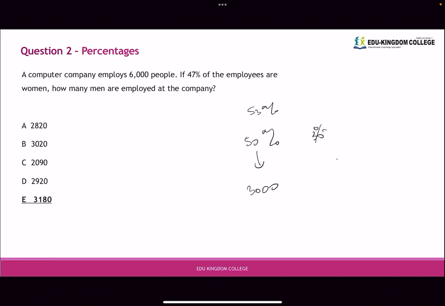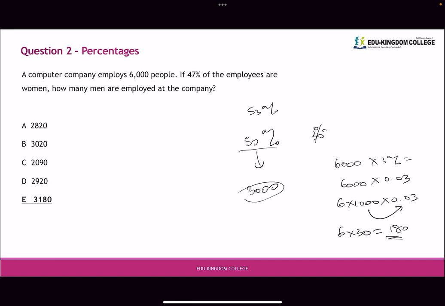Then 3% is 6,000 times 0.03. So 6,000 can be broken down into 6 times 1,000 times 0.03. If I multiply the 1,000 with the 0.03 first, that's going to give me 6 times 30, which equals 180. So 3% is 180, 50% is 3,000, so 53% is 3,180.